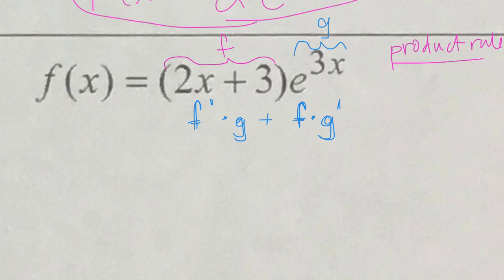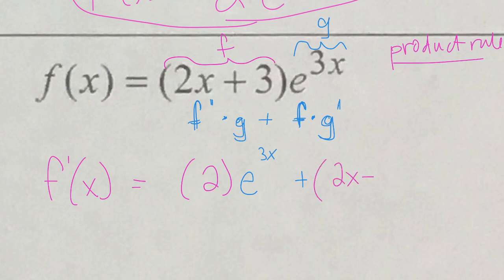So what is the derivative of 2x plus 3? That's just 2. So the derivative of f, or f prime, is just 2, and we multiply that by e to the 3x, plus our original f function, which is 2x plus 3, times the derivative of e to the 3x.